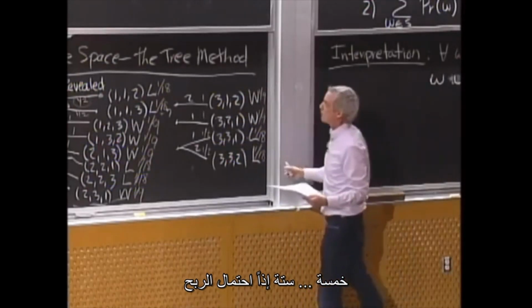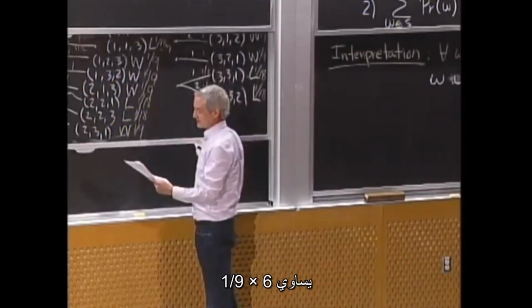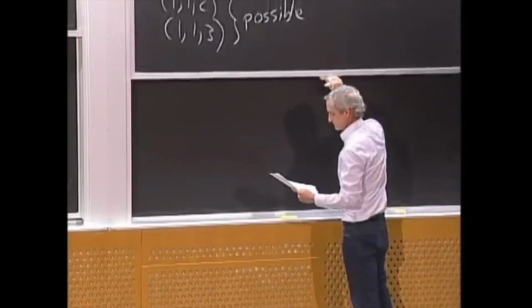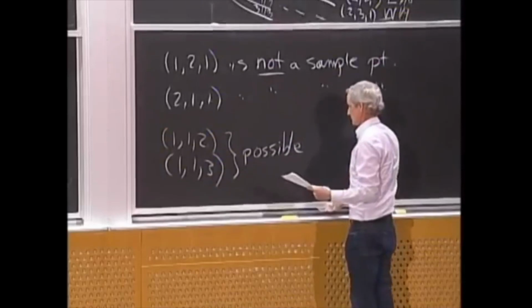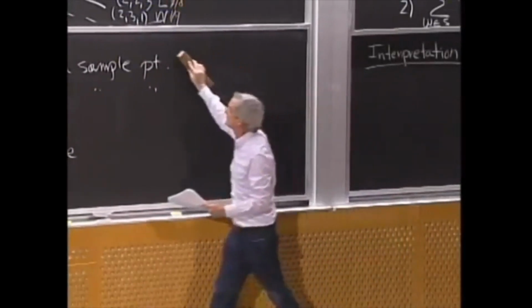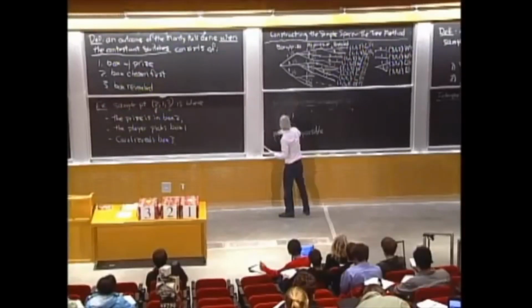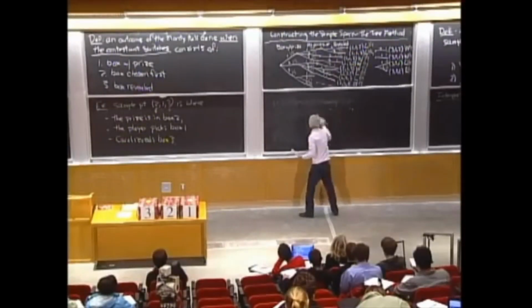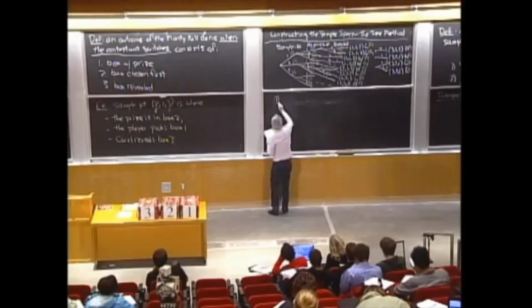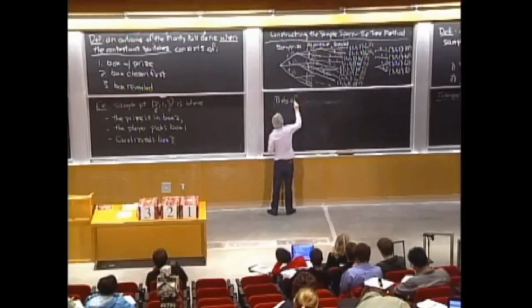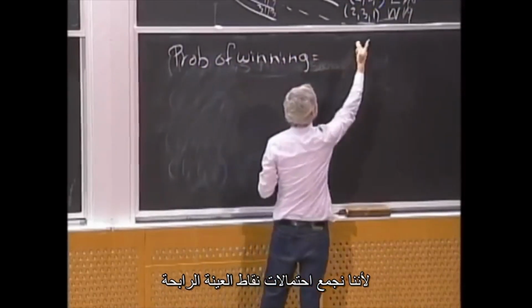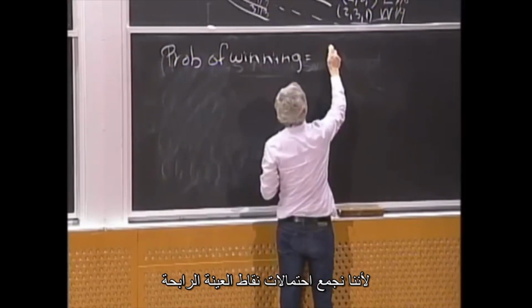So the probability of winning here is 6 times 1/9, because you just sum up the probabilities of the winning sample points.